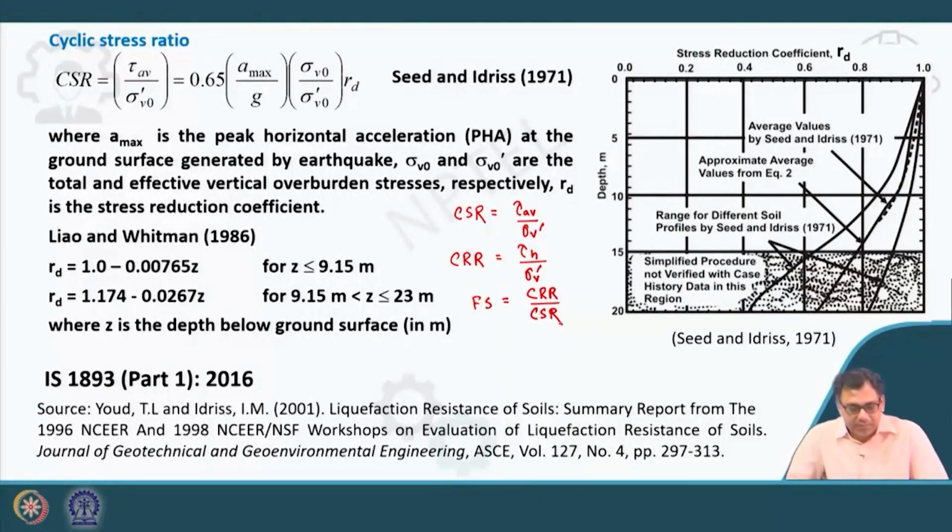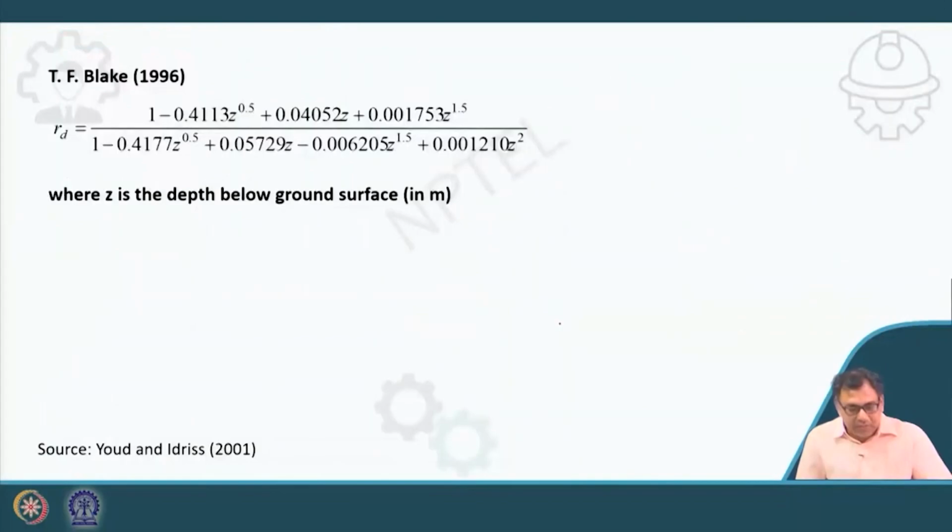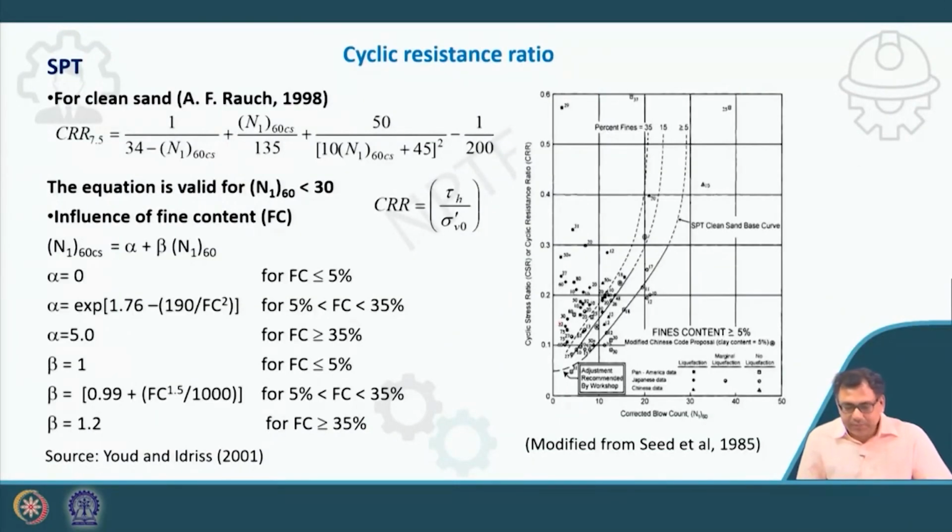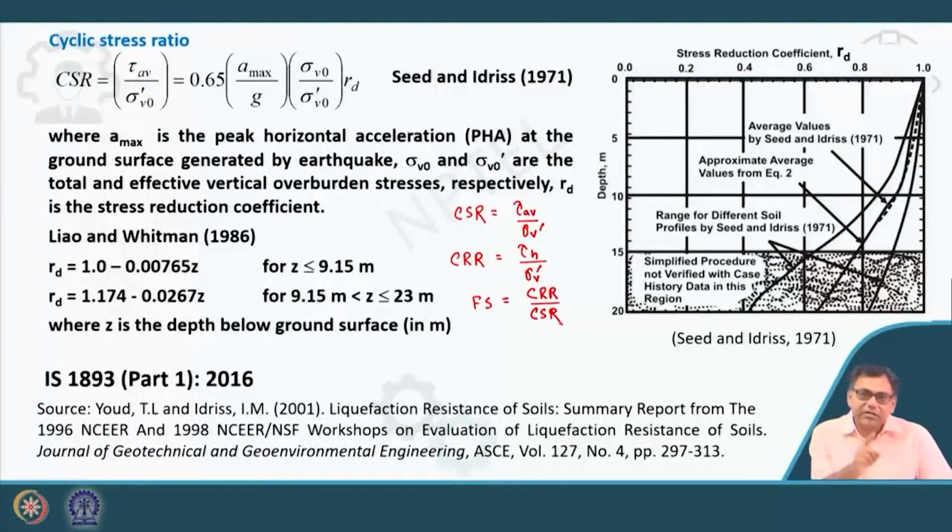So these two ratios: this is your cyclic resistance ratio, and this is cyclic stress ratio. Now the cyclic stress ratio is the same as I discussed in the laboratory test procedure, that is 0.65 Amax by g, and there it was only sigma V. Here it is normalized by sigma V dash, so it is sigma V by sigma V dash into rd.